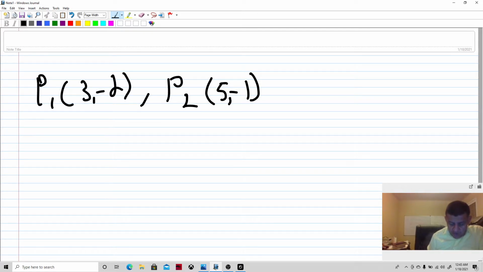Okay, so first step one, right? Step one, we'll find the slope, correct? So the slope on this is what? The formula is m equal to y2 minus y1, right?